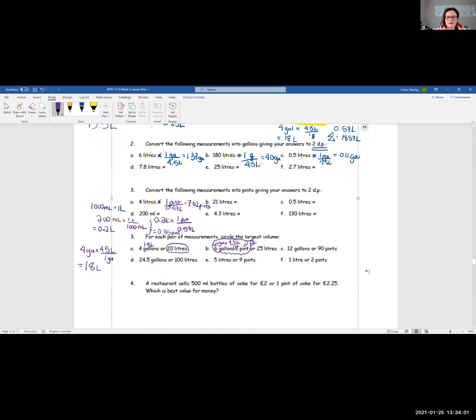And the restaurant sells 500 milliliter bottles of Coke for £2, or 1 pint of Coke for £2.25. Which is the best value for money?